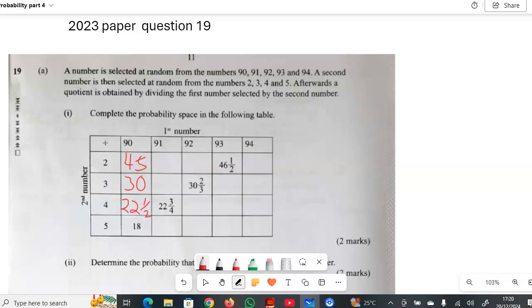Then we can go to the next one. 91 divided by 2, get 45.5. Then 91 divided by 3, get 30 and 1/3. Then 91 divided by 5, you get 18.2.